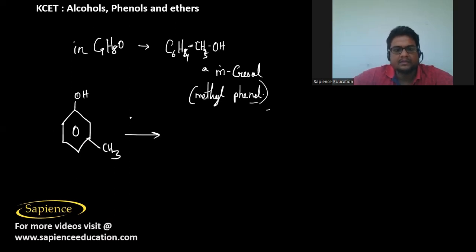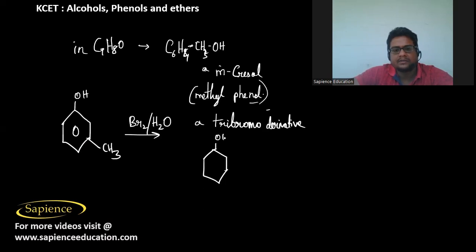So it will react with bromine water, and a tribromo derivative will be formed, which is like this: Br, Br, Br, and this is CH3.